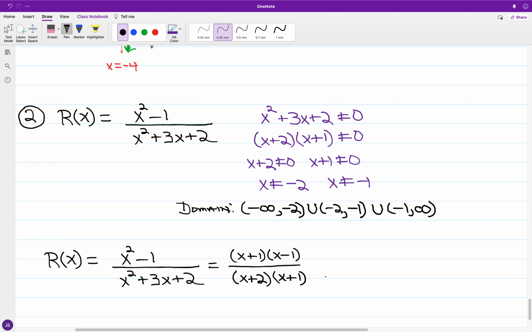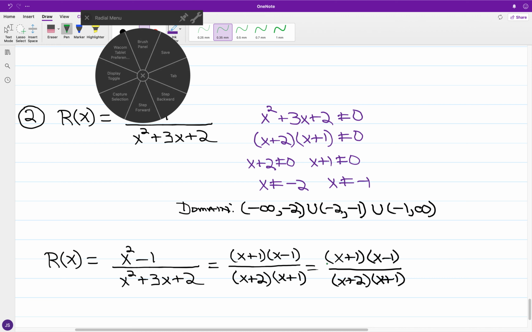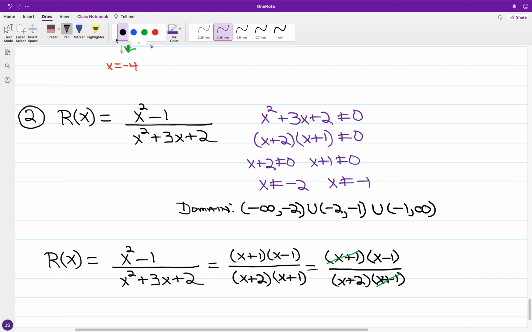Let's go write this again. The x plus 1s are going to cancel. And the completely reduced form of this rational function is x minus 1 all over x plus 2.